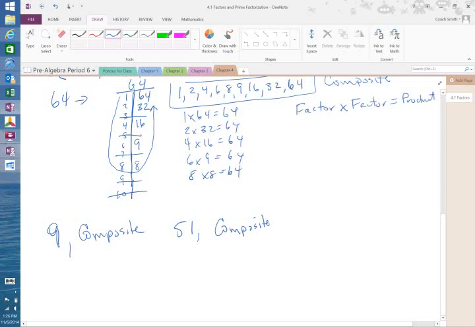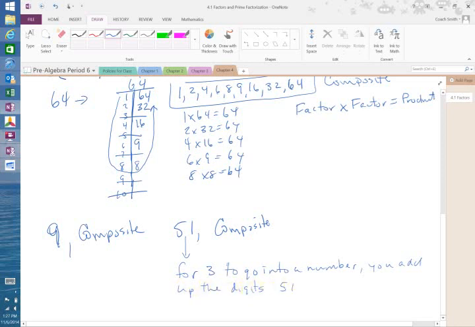The rule says that for 3 to go into a number, you add up the digits.